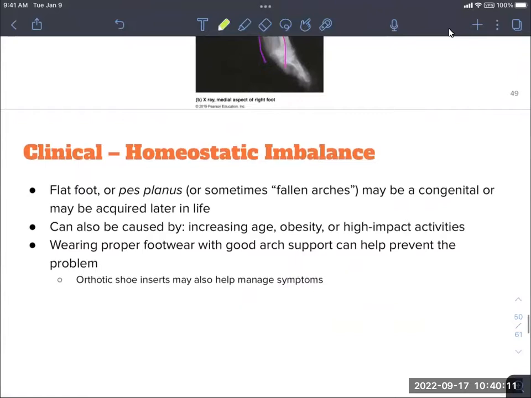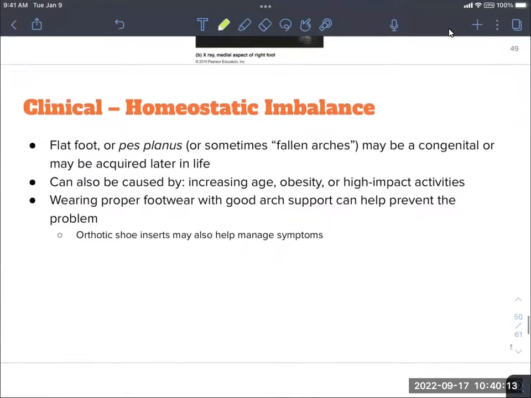Sometimes people get what are called fallen arches or a flat foot. The medical term for it is pes planus. It could be congenital. It could be obesity. Pregnancy does that.